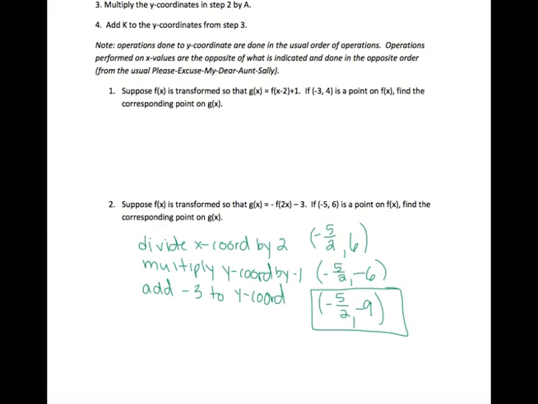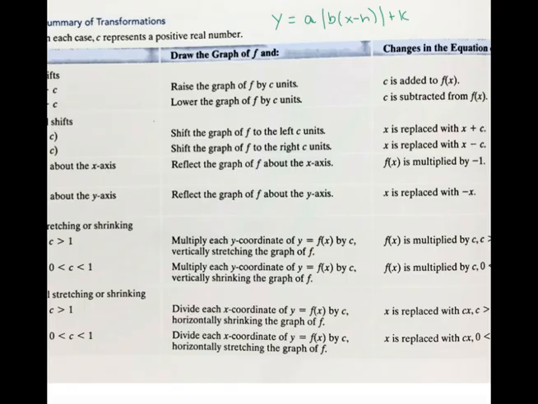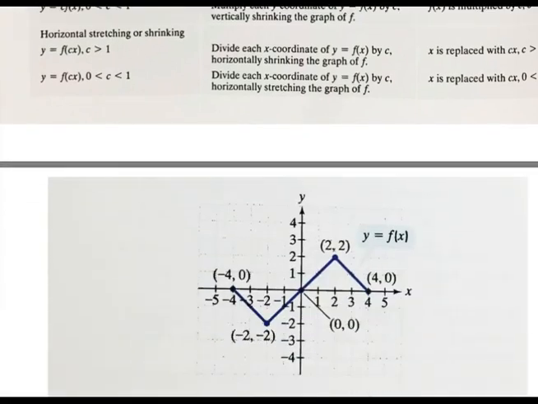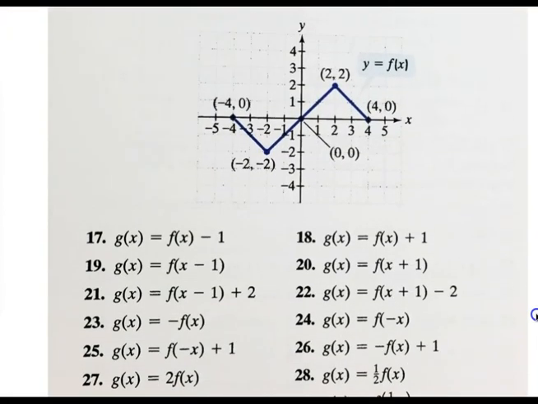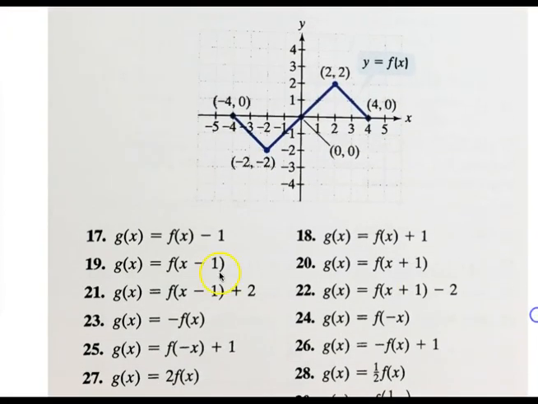All right, the last examples that I want to go through are some examples from the exercises here in the book. So let me flip back over to that. If you go in your exercises to the graph that's right above number 17, that's what we're going to be doing. And we're not doing all of these here.